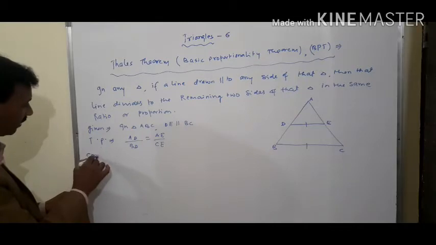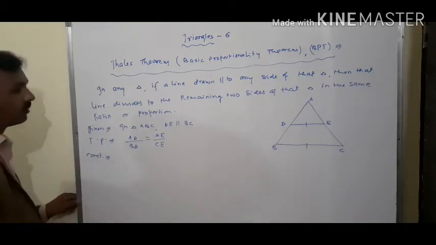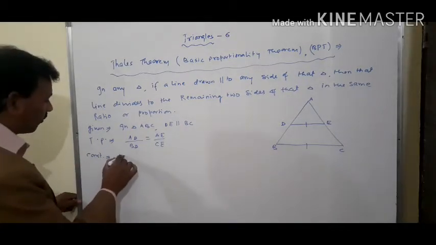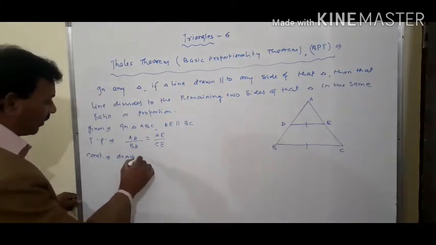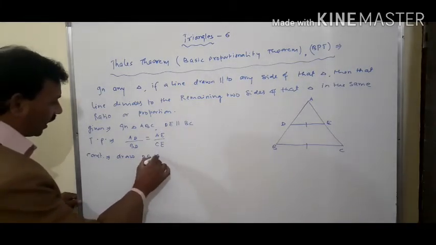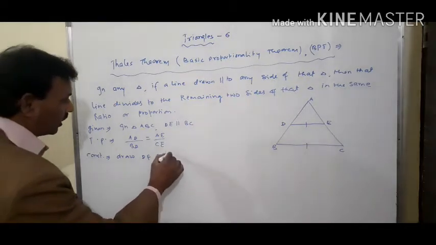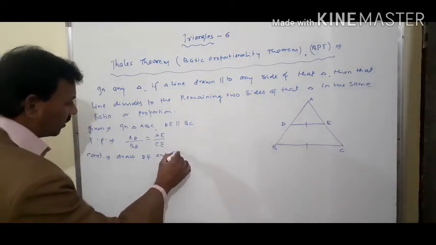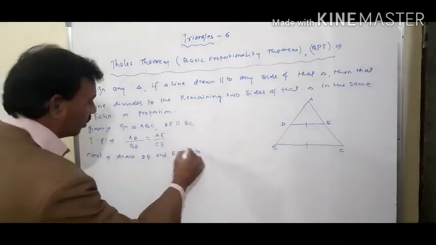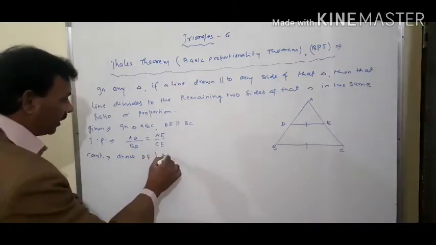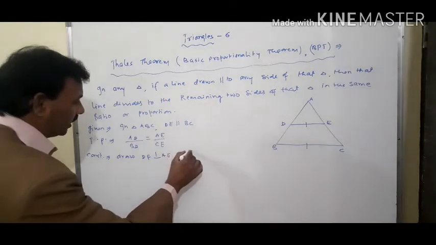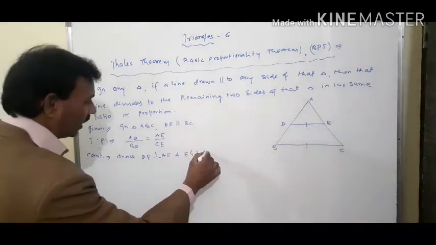Now the construction: draw DF perpendicular to AE and EG perpendicular to AD.